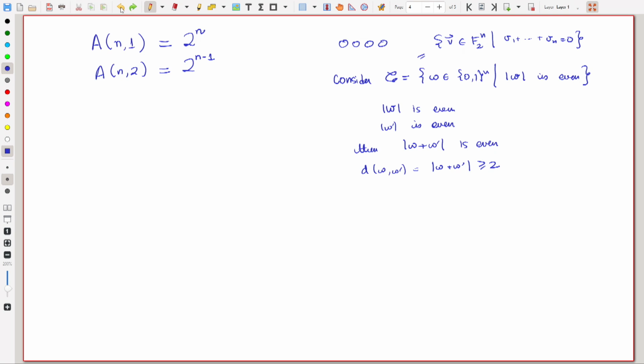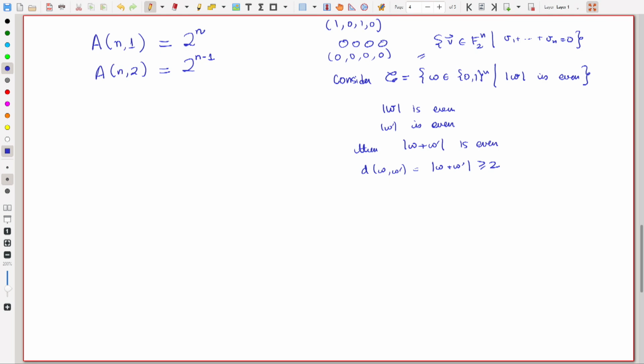What does it mean to have an even number of ones? It just means the sum of the coordinates is equal to 0. So, instead of 0 0 0 0, I am thinking of it as the vector (0,0,0,0), or I could have some vector like 1 0 1 0.